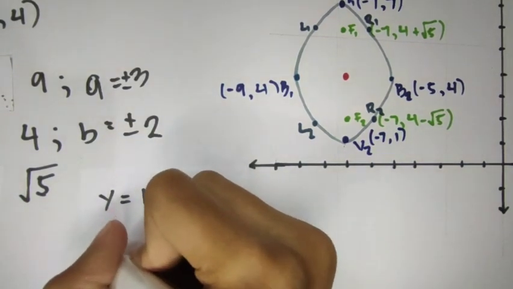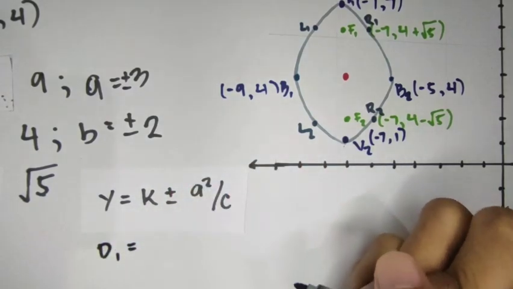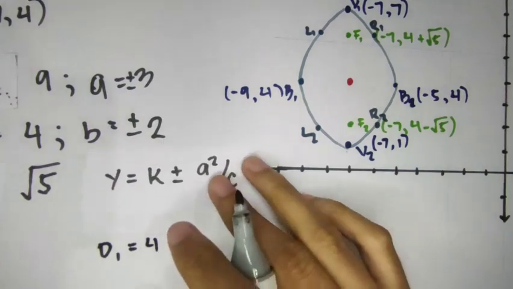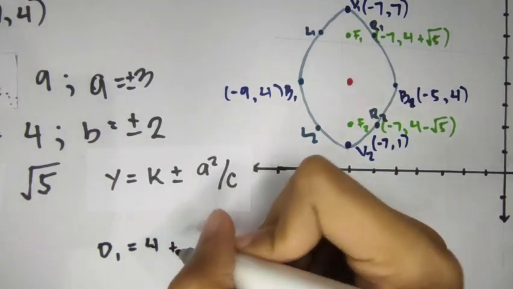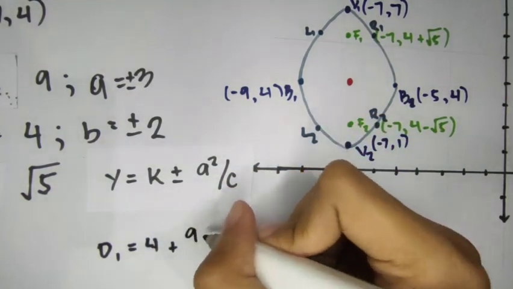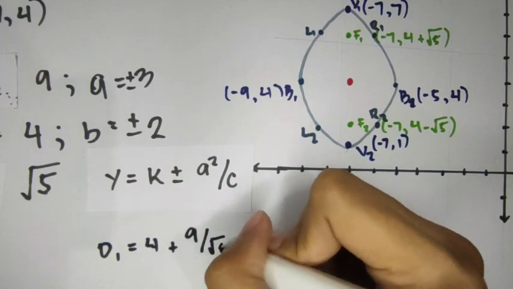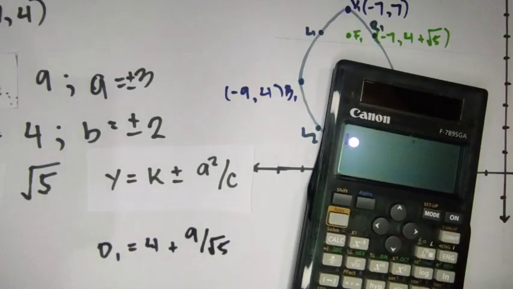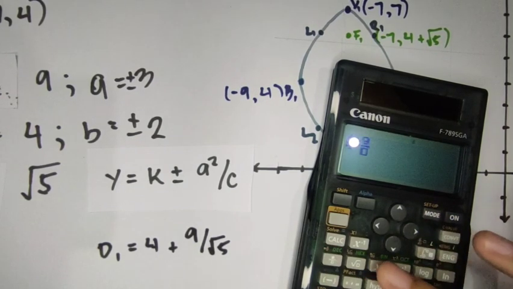For our directrix, since it is another vertical ellipse, it would still be k plus minus a squared over c, where our k is 4, a squared is 9, and our c is square root of 5. We will just input that on our scientific calculator.